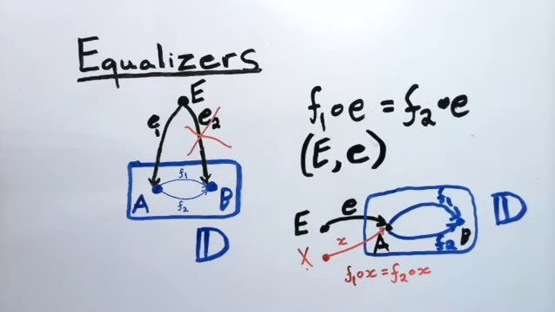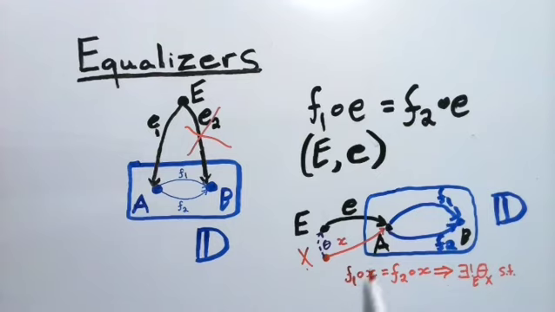And if that's the case, then we must have a unique cone morphism theta going from x into E. This is our theta here. Such that, of course, this triangle here commutes.